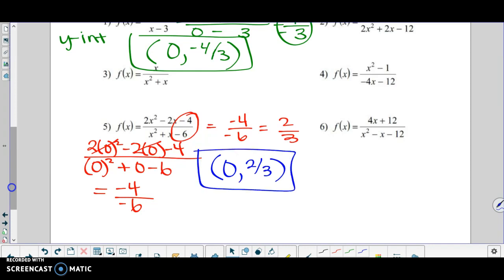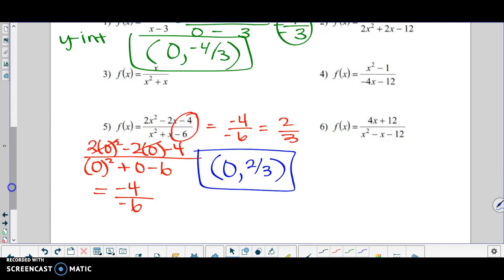And that's the answer. That's the answer for my y-intercept, okay? So these are the rules that I'm writing at the top that you have to know. That's why flashcards are going to be really, really important, okay? Really important.